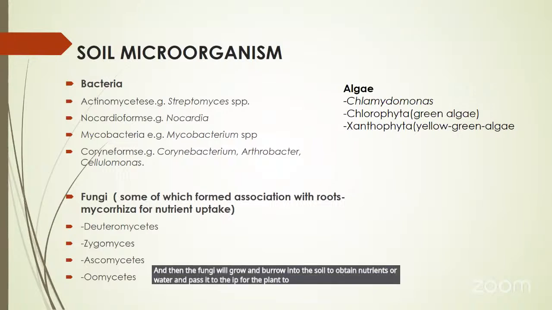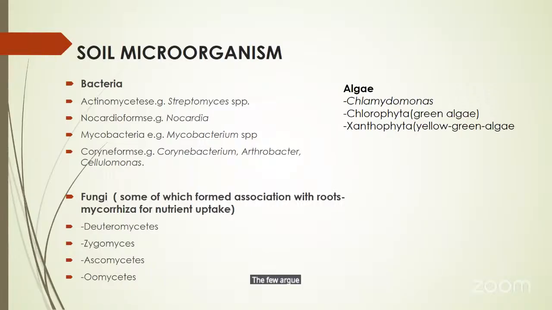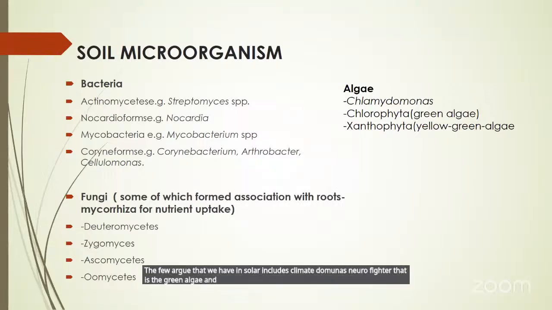But the fungi also obtain its own sugar or energy from the plant. That is why it is a mutualistic relationship. The few algae that we have in soil include Chlamydomonas, Chlorophyta, that is the green algae, and the Xanthophyta, the yellow-green algae.